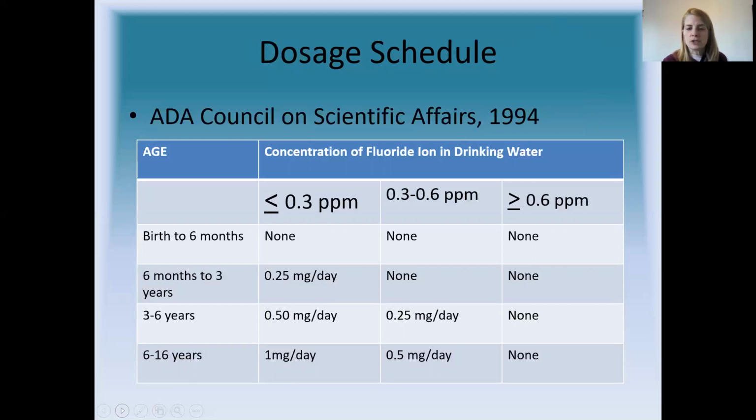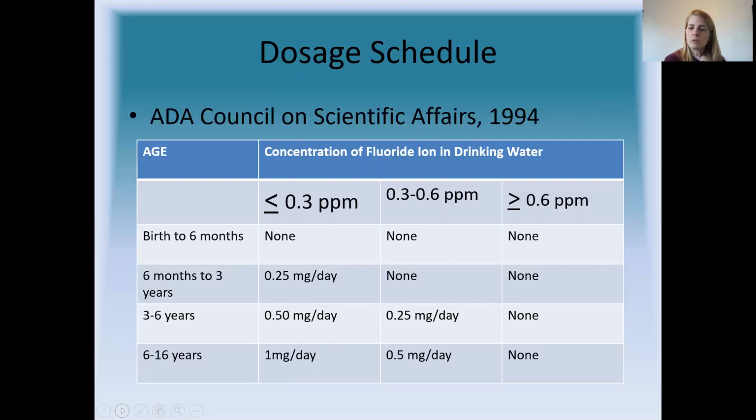For a 3 to 6 year old, if fluoride is less than 0.3 parts per million, they recommend 0.5 milligrams per day. If it's 0.3 to 0.6 parts per million, they recommend a supplement of 0.25 milligrams per day. If it's over 0.6 parts per million, none. 6 to 16 years old, if it's less than 0.3 parts per million, they recommend 1 milligram per day.